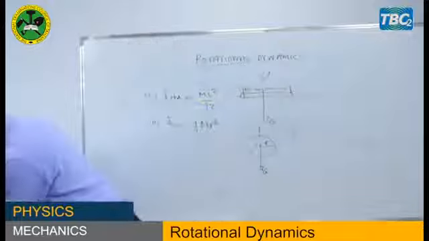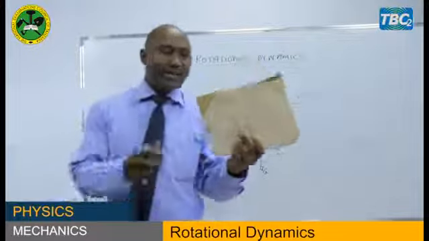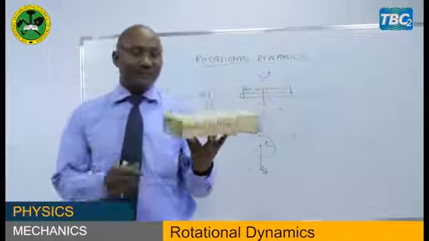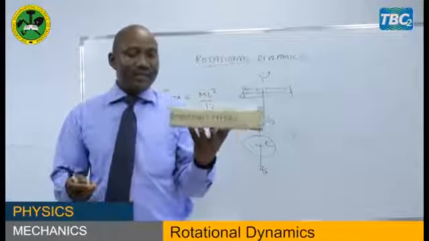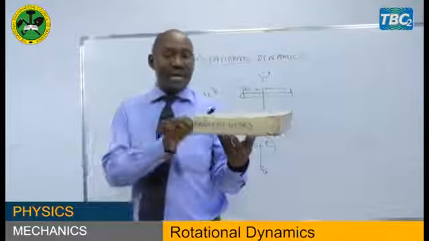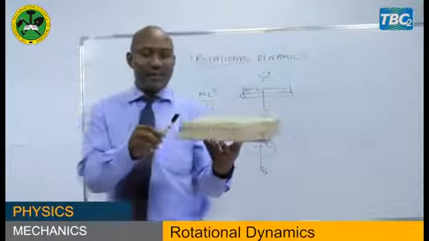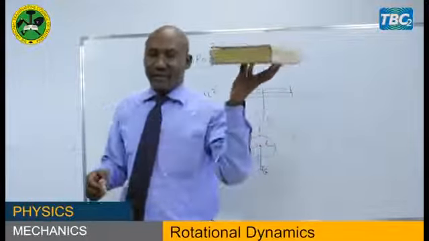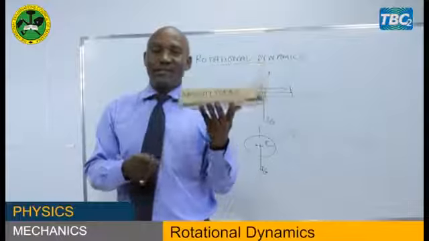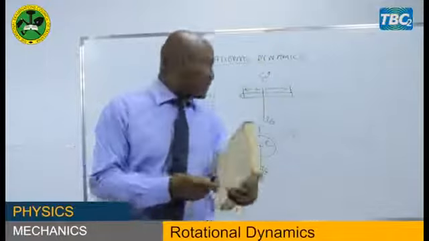Another rigid body is what we call a rectangular slab. The rectangular slab can be of this form. This is a book which represents a rectangular slab, which has a length, a width, and a thickness. And we derived the formula for this rectangular slab as follows.